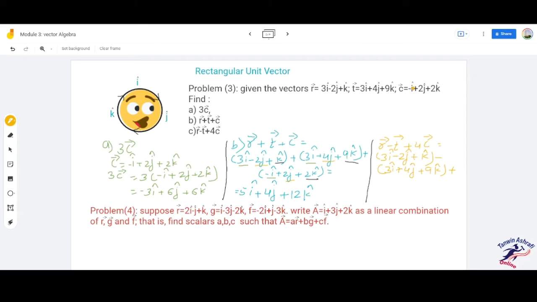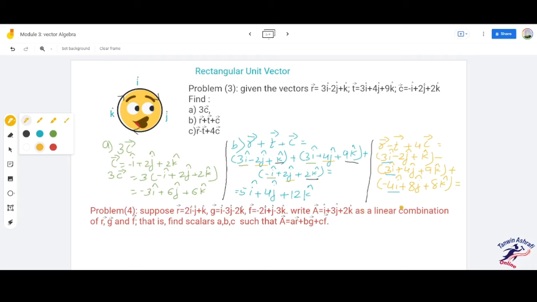If I multiply minus i cap with 4, we will have minus 4i cap. 2 times 4 gives 8j cap, and 2 times 4 is 8k cap. For the resultant of the i cap, we add 3i cap minus 3i cap, which cancel each other, minus 4i cap.